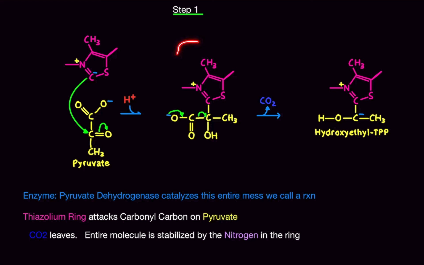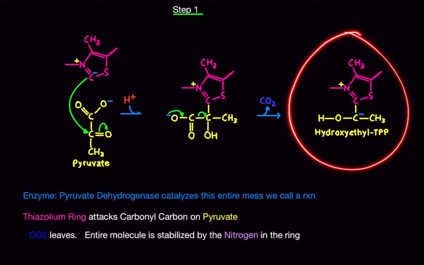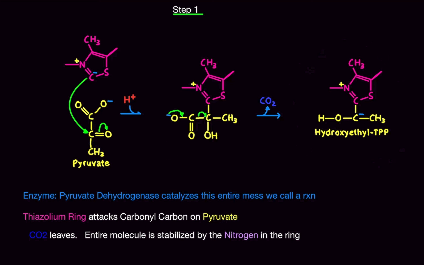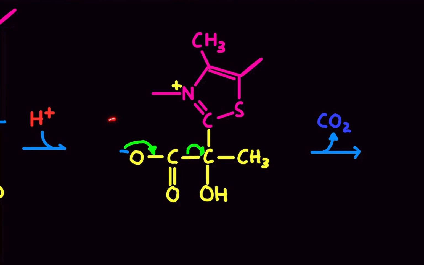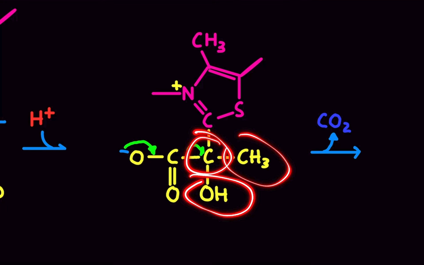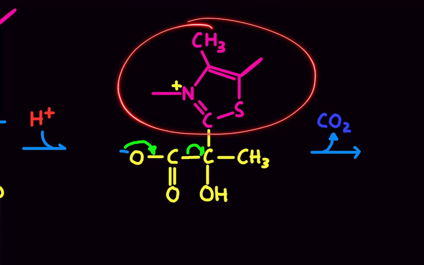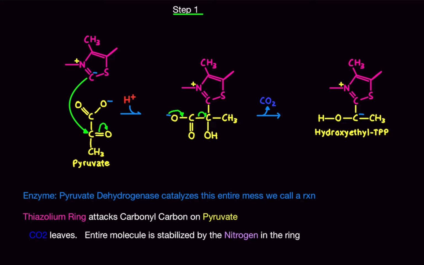We have this intermediate molecule, and we are basically left with hydroxyethyl-TPP. In this intermediate molecule, all of this is taken out. What we're left with is an OH, the carbon, the methyl group, and the thiazolium ring. Out goes CO2, which we'll exhale.